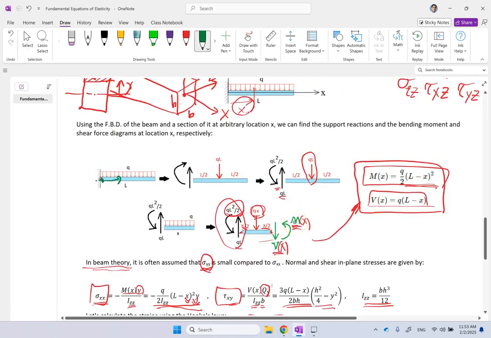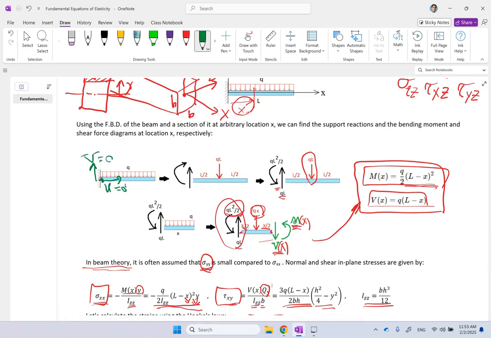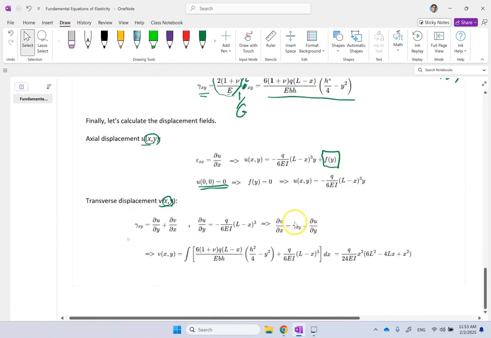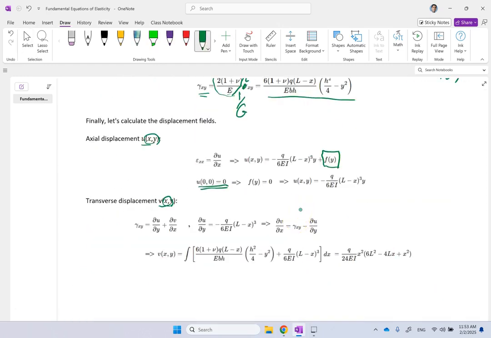It cannot move, u and v are both 0 at this point, x = 0 and y = 0. So you have a boundary condition here. You plug x of 0, y of 0, and clearly that means f(y) has to be 0 as well. So this is your u function. You found your vector field u.